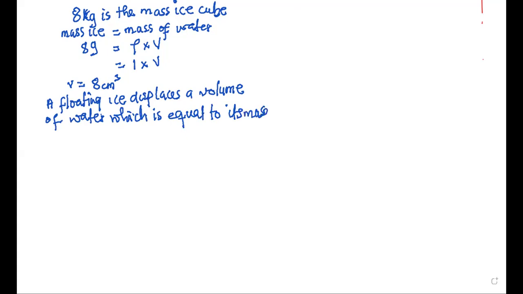So here we had 8 grams of ice displacing 8 cm cube of water.